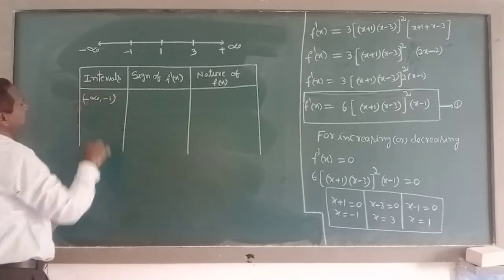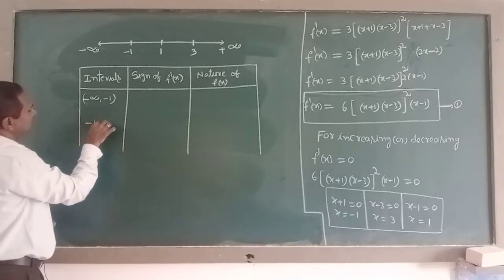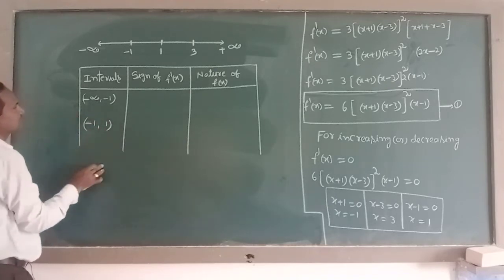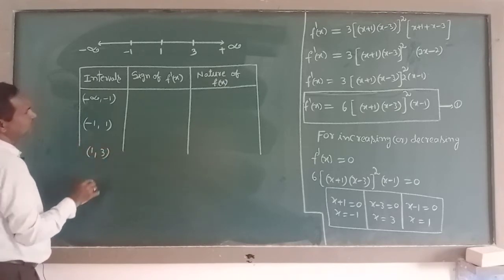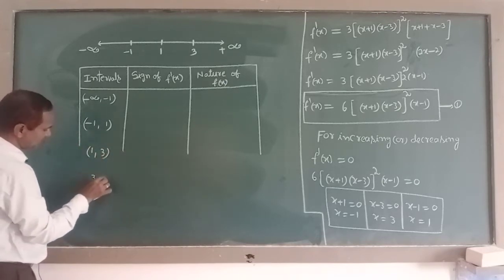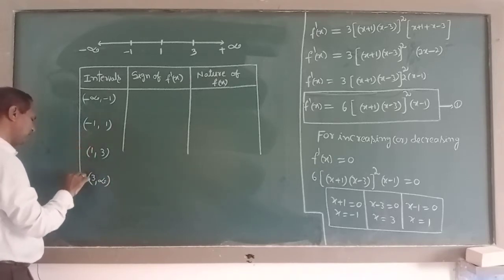Totally we have four intervals. Second one is minus 1 comma 1 here. Third one is 1 comma 3 here. Fourth one is 3 comma infinity. Like that we have four intervals.